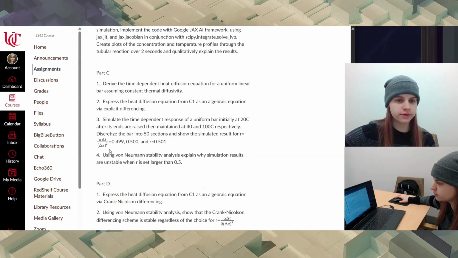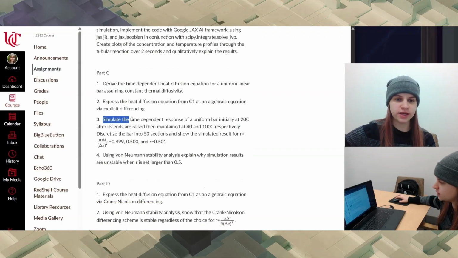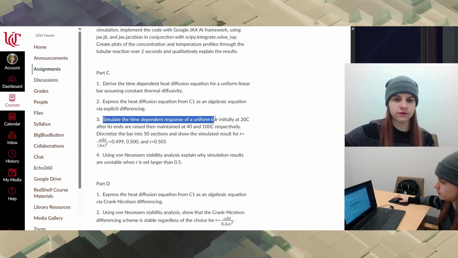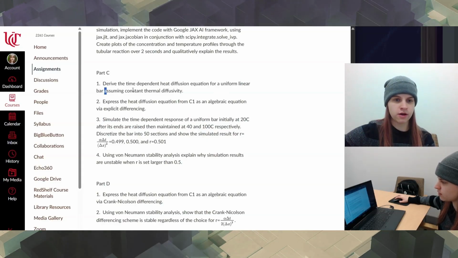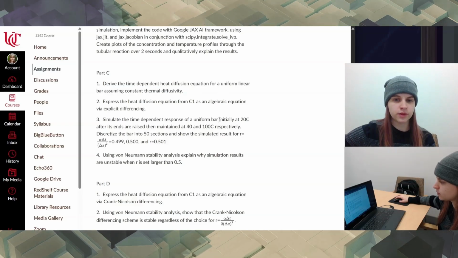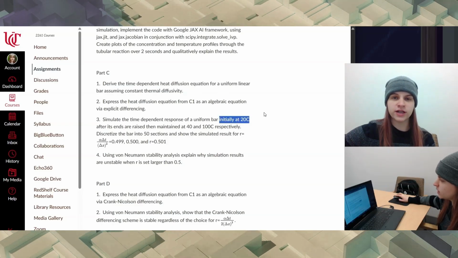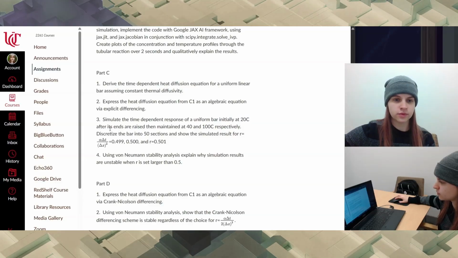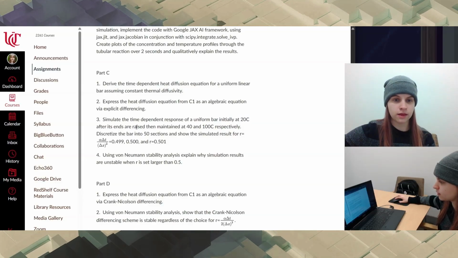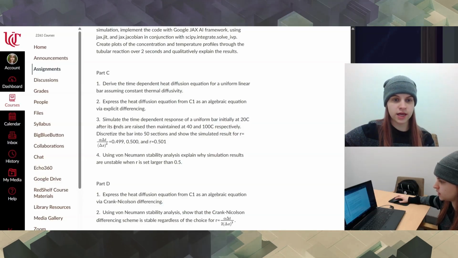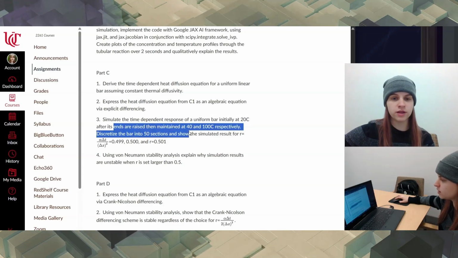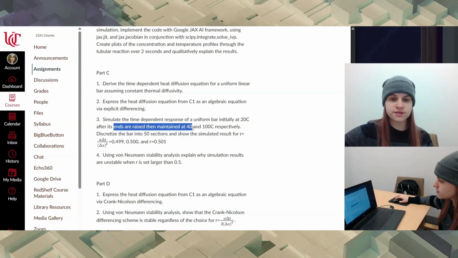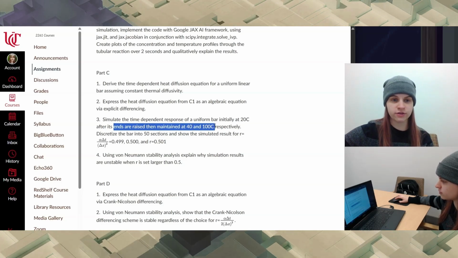But yeah, what we're doing right here is we're going to simulate the time-dependent response of a uniform bar. It's a linear bar, assuming constant thermal diffusivity, and the entire bar is initially at 20 degrees Celsius, but then its ends are raised and then maintained throughout the simulation to 40 degrees Celsius and 100 degrees Celsius.